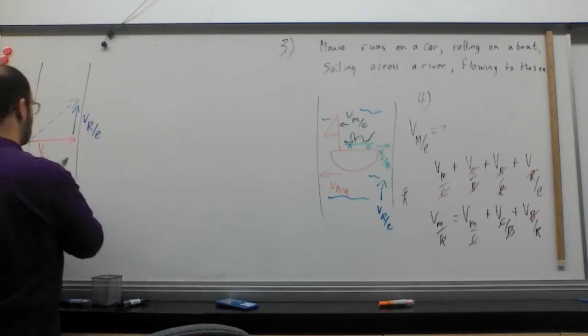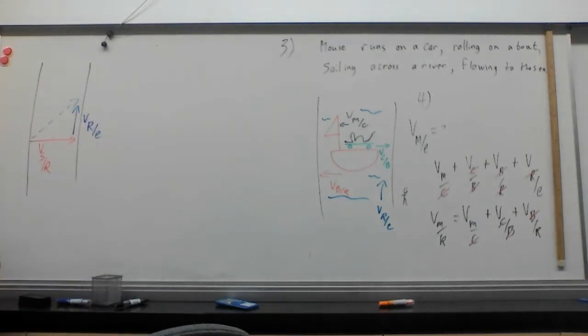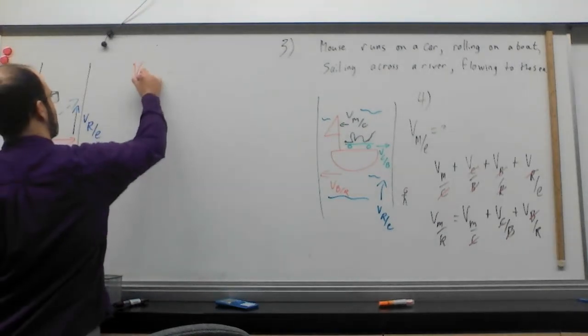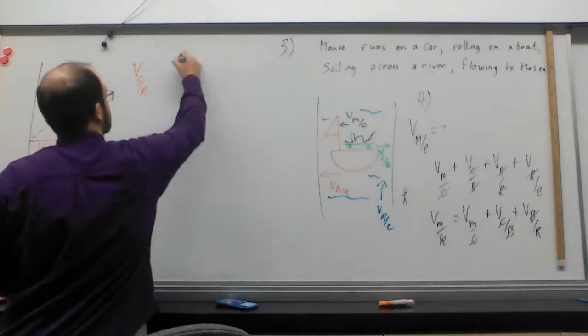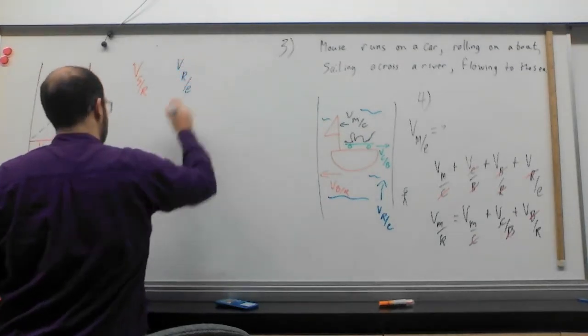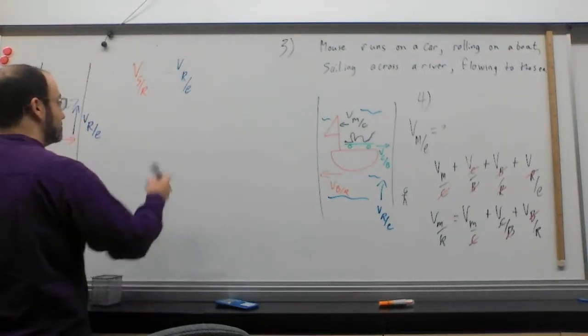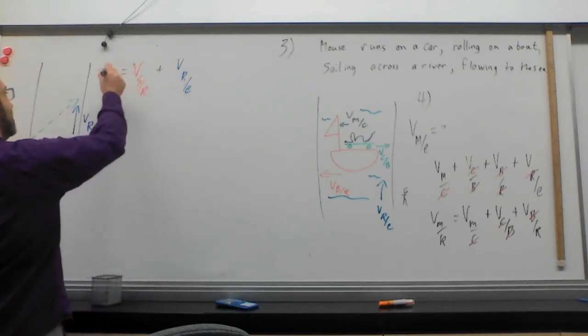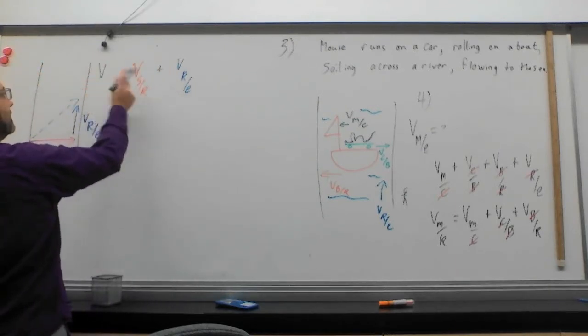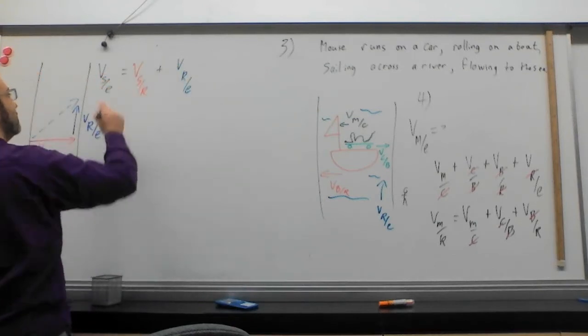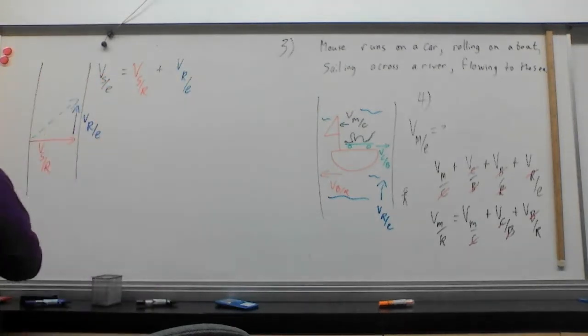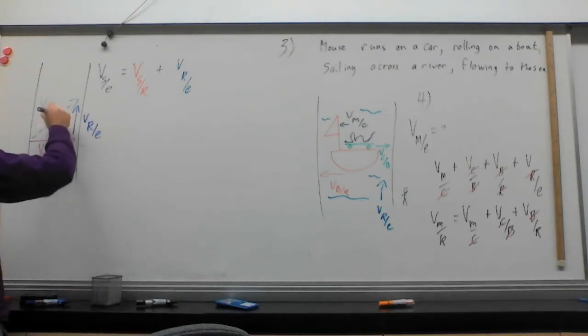If I add these two together using vector addition, I'm going to get the velocity of the swimmer with respect to the river plus the velocity of the river with respect to the earth. I'm going to do some vector addition to add them together, and what do I get? Velocity of the swimmer, R's cancel, with respect to the earth. So that's what this is. Swimmer with respect to the earth.